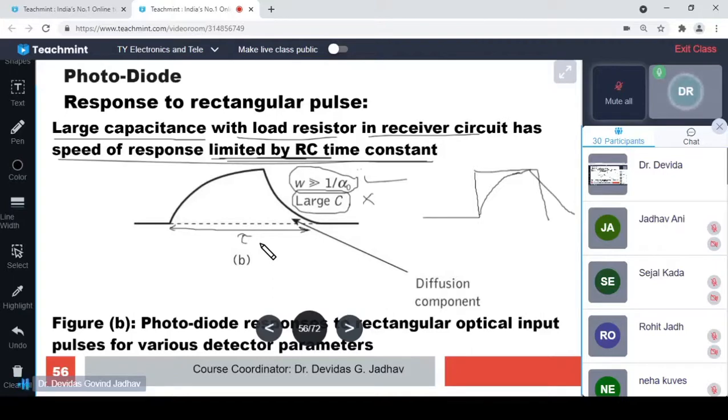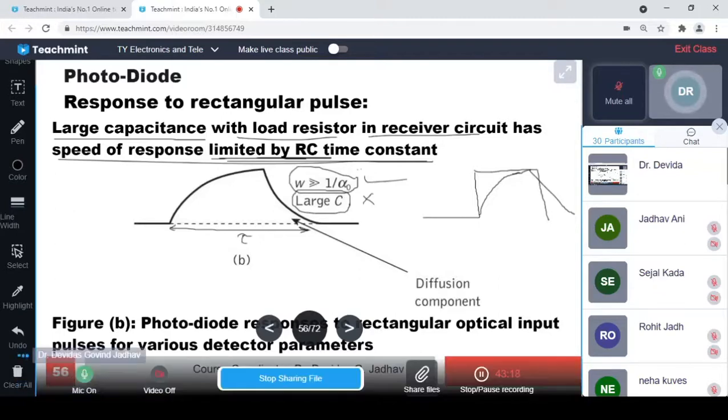Whatever today's communication systems are trying to attain is higher and higher data rate. So if high capacitance is there, it will provide the RC time, and due to that the pulse will be broadened.